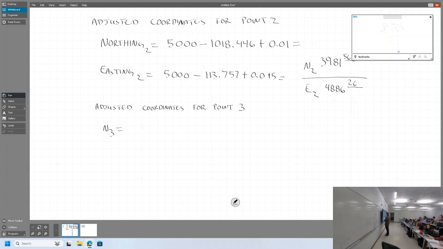So that's 3,981.56, plus again the result of that latitude that we already solved for, which was 6.479, plus our closure correction, or adjusted latitude. That's going to be the northing of 3 adjusted coordinate: 3,988.05.